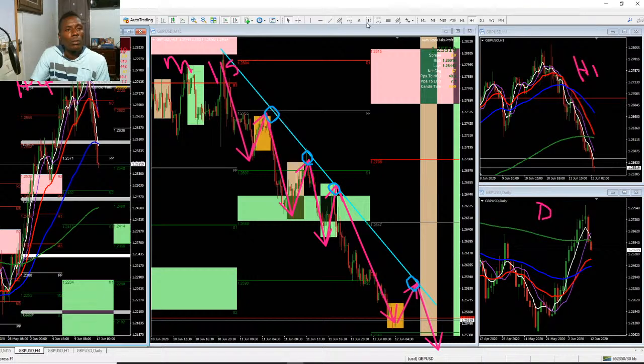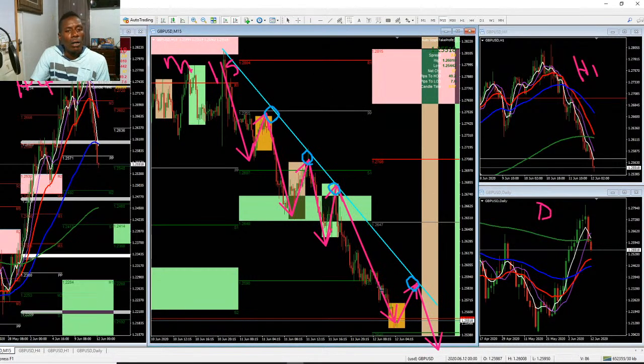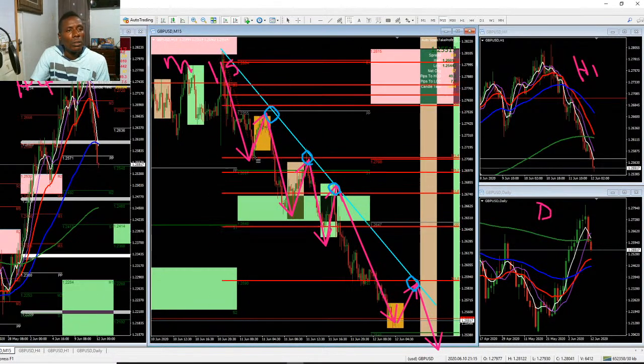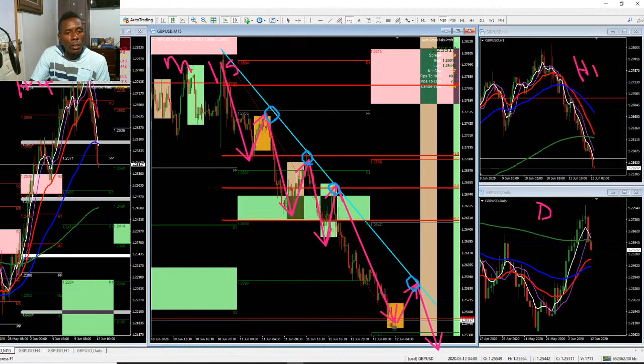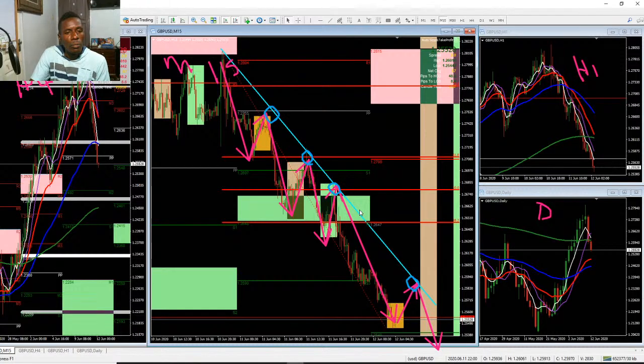Now I'll draw a fib right here. Boom. So me personally, when it come up, I would try to get involved right here, 382. Because if the trend is very aggressive, we get a pullback at the 382.